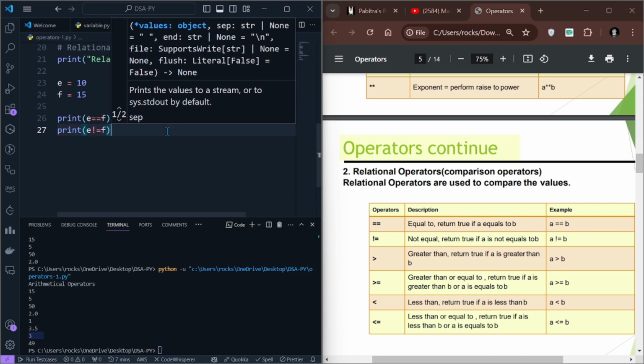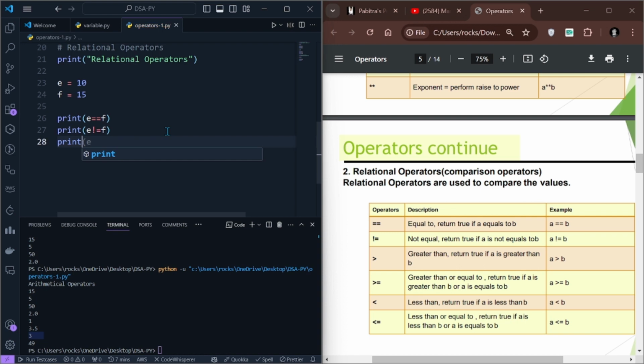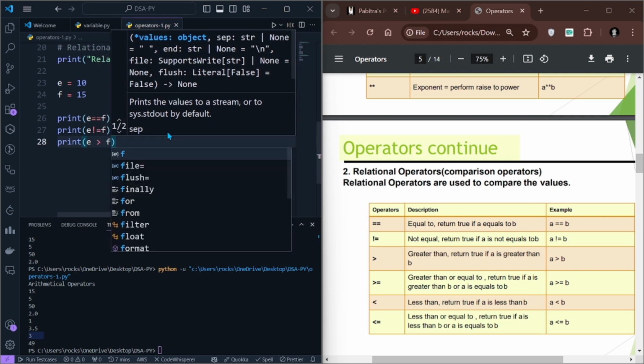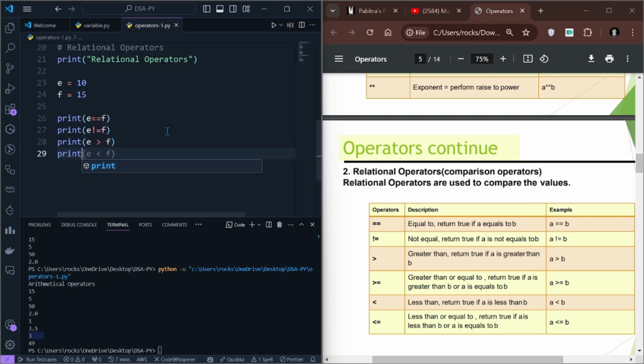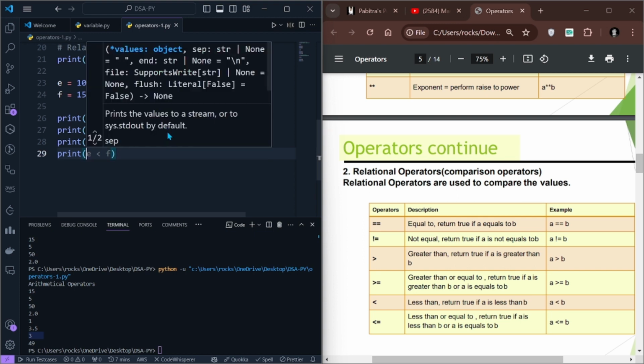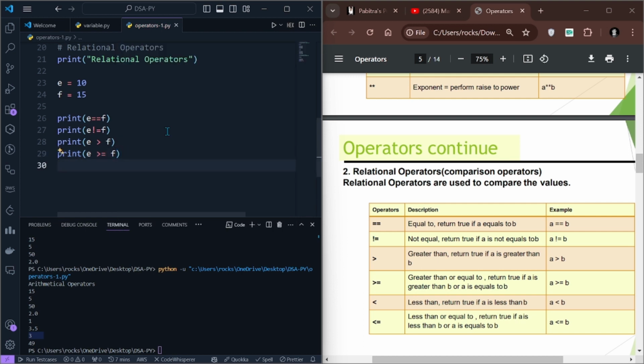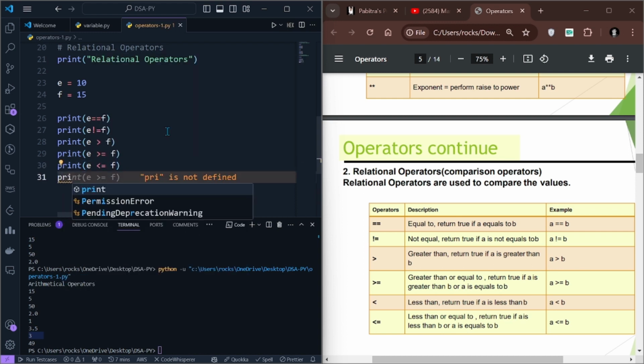Now we are going to print if e is greater than f, then if e is greater than or equal to f, then if e is less than or equal to f, and then finally if e is less than f.